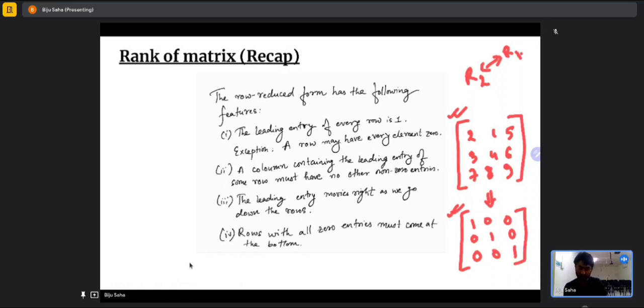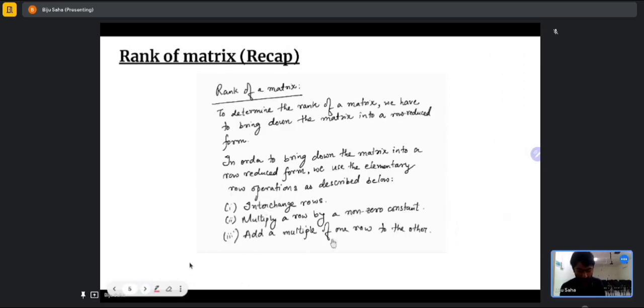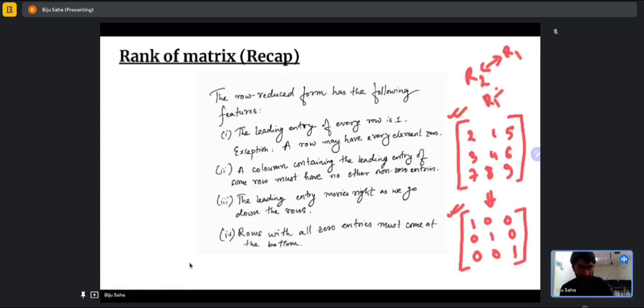Another is multiplying a row by a non-zero constant. That is also allowed.